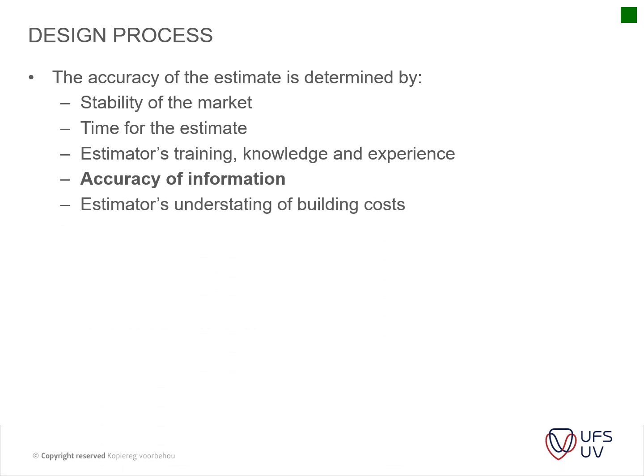Estimator understanding building costs. Just on the information here, a simple thing which I experienced once is where the architect wanted a stainless steel expansion joint within the tiles and not a PVC one, and the cost per meter difference was quite big.